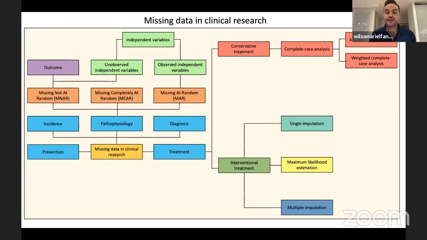And because the single imputation is so common, so popular in clinical research, we have to mention this, but it doesn't mean that this is the best option for the treatment of your data. The reason is that the single imputation is usually well accepted by journals, editors. So this is why you often see the single imputation in the literature.